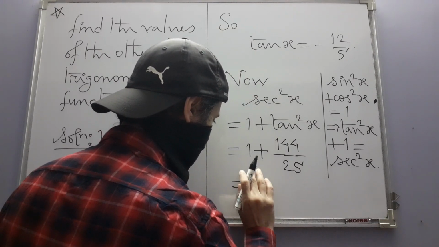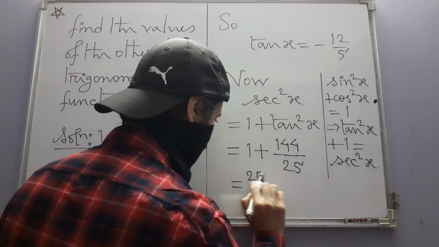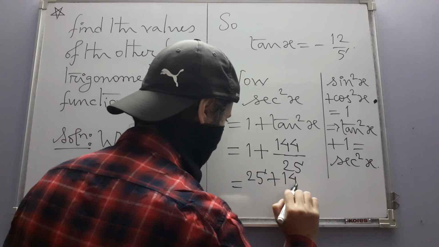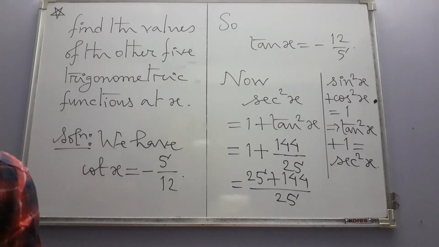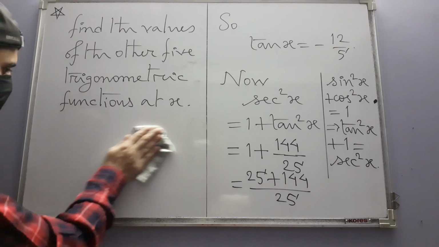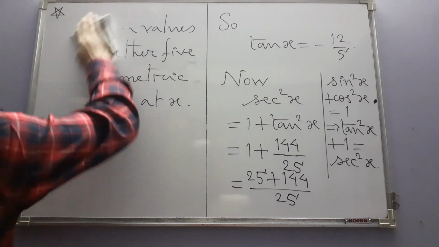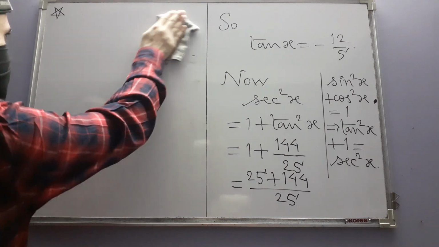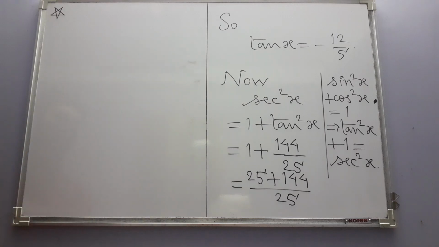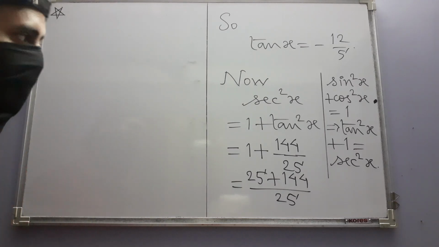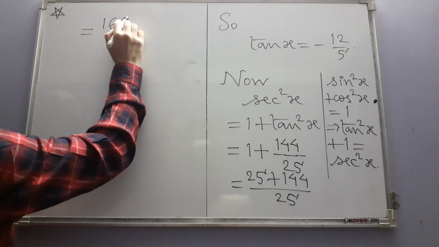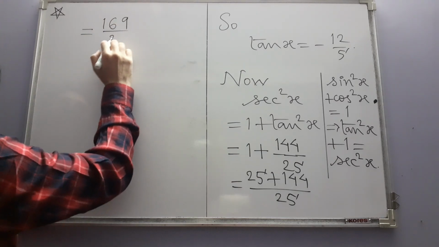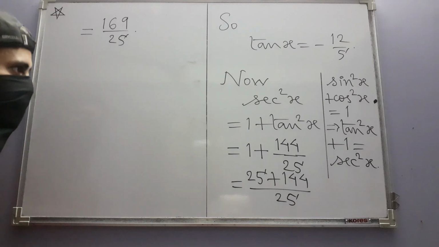So, this is 25 plus 144 divided by 25. And this becomes 169 divided by 25.